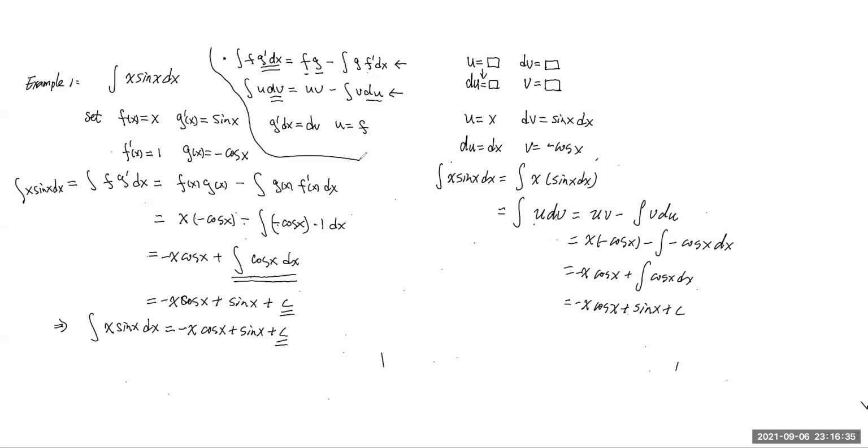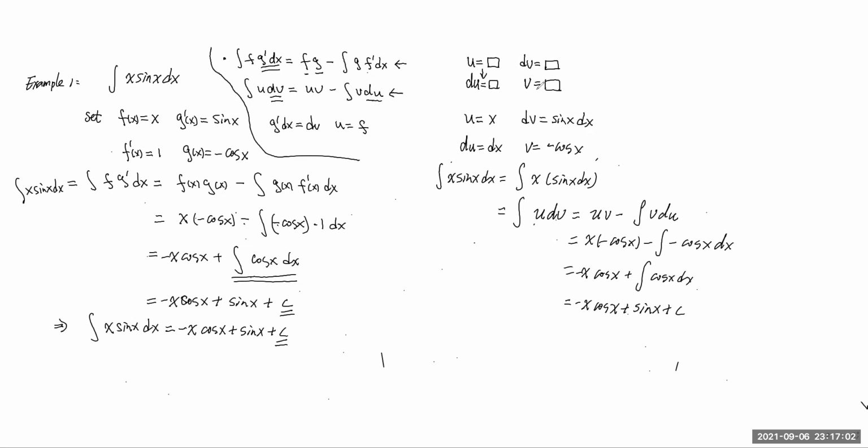If you figure out what's f and g', it is equivalent to figuring out what's u and what's dv. After you figure out u and dv, you can find du, right? It's very easy to find the derivative or differential.